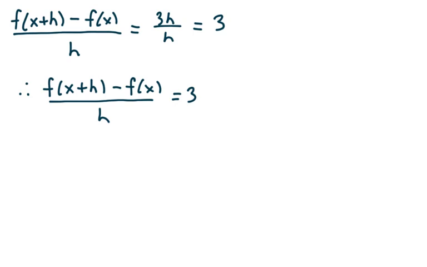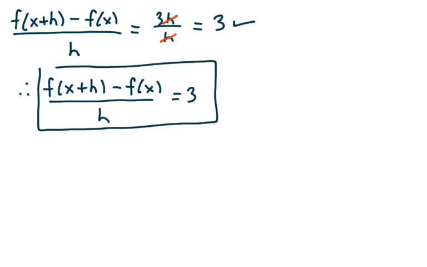Now, h divided by h is equal to 1, and that allows me to cross off the h's, and what we have left is equal to 3. And so therefore, f of x plus h minus f of x, all divided by h, is equal to 3. And that's how we do example 1.